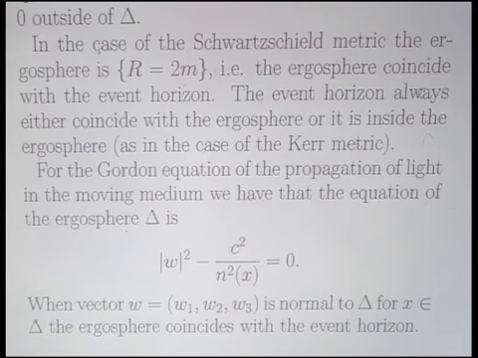This equation was first considered by Gordon in 1923, the same Gordon as Klein-Gordon, and this is the equation of the ergosphere. In the case when the velocity is normal to the ergosphere, it will be the event horizon.